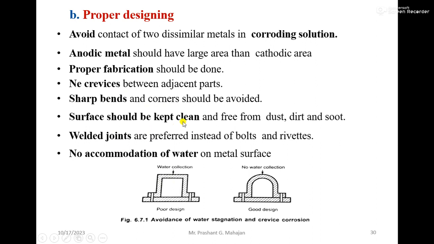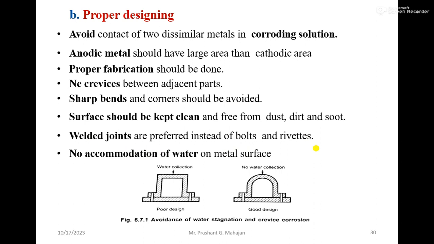Then surface should be kept clean and free from dirt, dust, and soot. Then welded joints are preferred instead of nuts, bolts and rivets. Because if you are using nuts, bolts, and rivets, then they are made from different metals, and the base metal is a different metal.